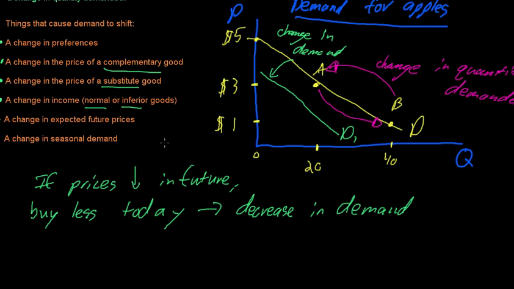And then also a change in seasonal demand. Let's talk about the demand for natural gas, which is what's used to heat homes. Obviously the demand for natural gas goes up in the winter because it's colder, and it goes down in the summer because it's hotter. So that's all there is with a change in seasonal demand.